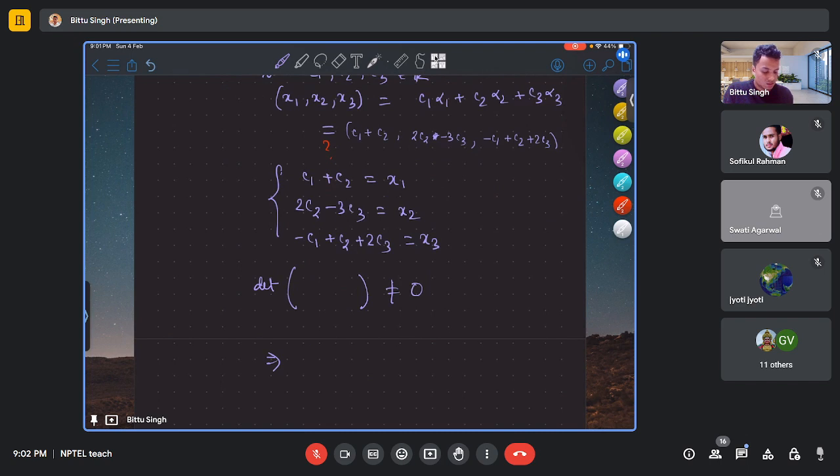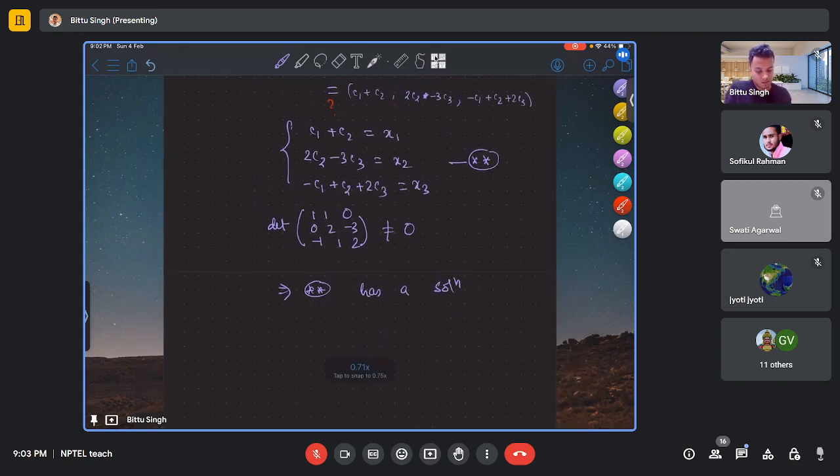Therefore this system, let us denote it by double star, with the coefficient matrix 1, 1, 0; 0, 2, minus 3; minus 1, 1, 2, has a solution. It will be the inverse of that matrix times x1, x2, x3. Okay.